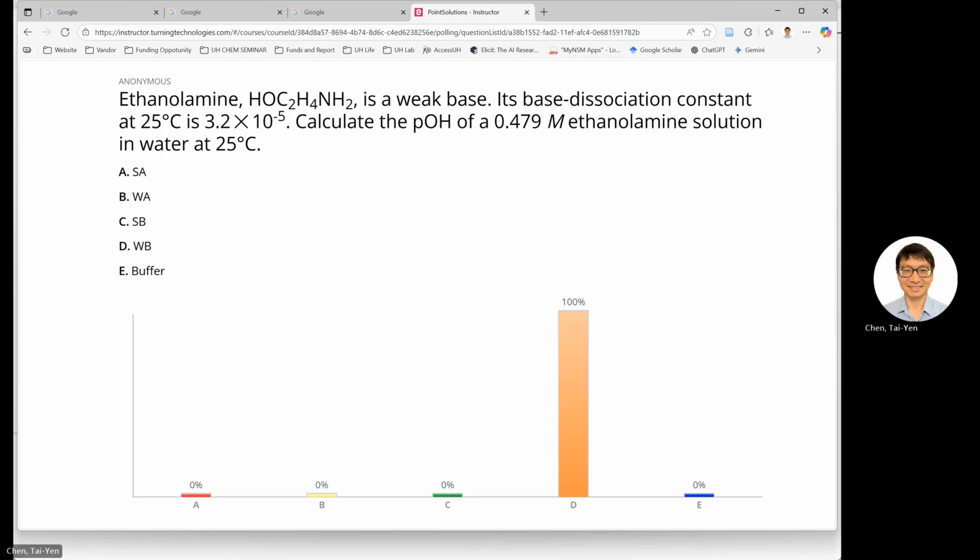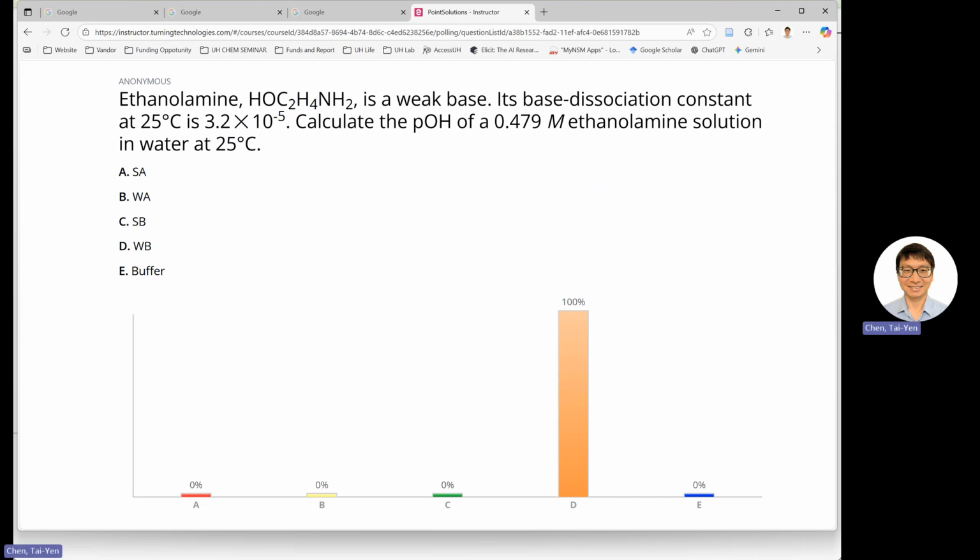Now, you have a Kb specific for exactly the same molecule, right? So that's all the clues that you can have. If you look at Kb for a species, then you know that species has to be a weak base. Then check the species inside your question.